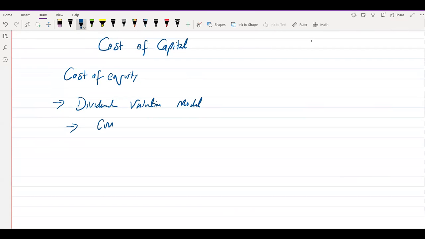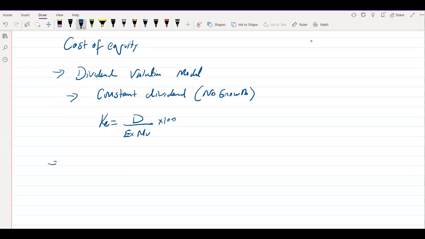If there is a constant dividend, the formula to calculate cost of equity is dividend divided by ex-market value, obviously into 100, is equal to cost of equity. So in exam, if dividend is given, if ex-market value is given, no growth is given, then you can apply this formula. This is the no growth model.